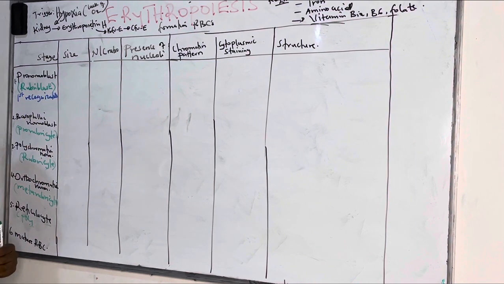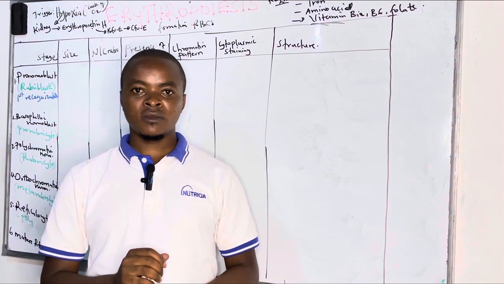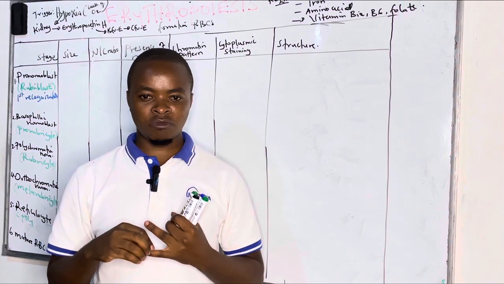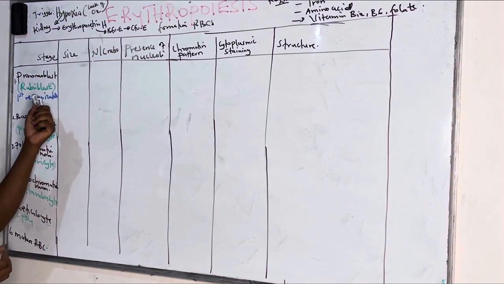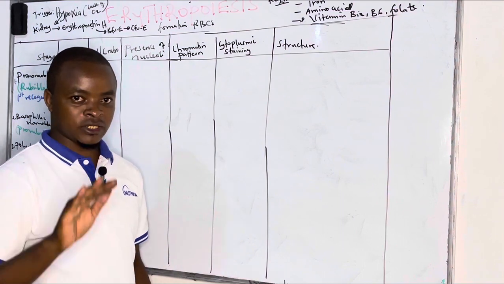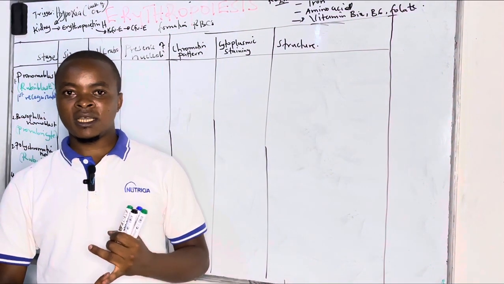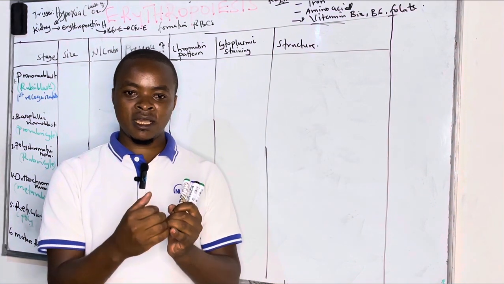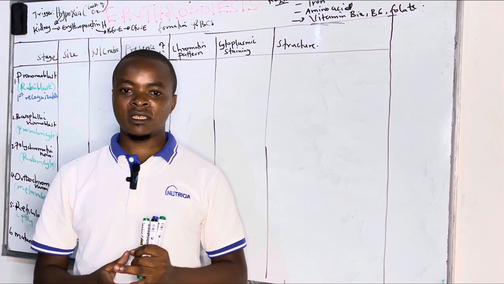And as I begin this, we need to note the following. One is that as these cells mature, the size decreases. As the cell matures from pronormoblast to basophilic to polychromatic to orthochromatic, the size keeps decreasing. Point number 2 is that as the cell matures, the nucleus condenses, and after condensing it is extruded out, and at the end we don't have the nucleus.